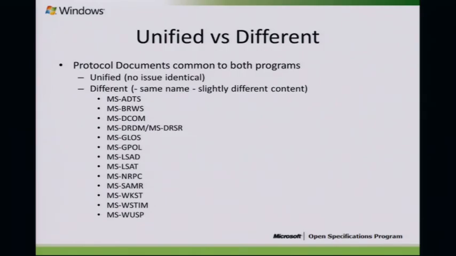So I can't just stand here and say the WSPI ones are the bigger documents or MCPP are the bigger documents. It depends which one you look at, okay? So all this is a heads up that these documents differ between the two different programs, okay? So just be wary about them.